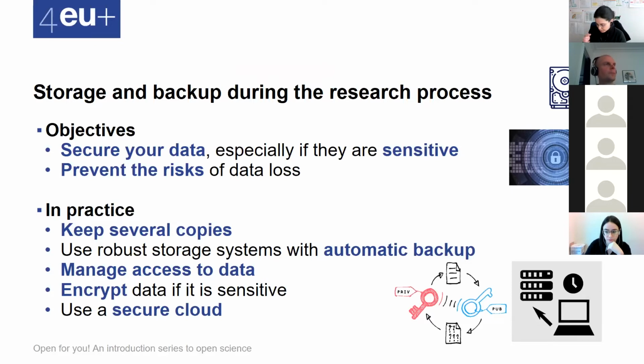You can use a 3-2-1 backup rule: 3 copies on 2 different media, with at least one remote copy in a cloud. You need to favor robust storage systems with automatic backups, such as those provided by the IT services of your university.